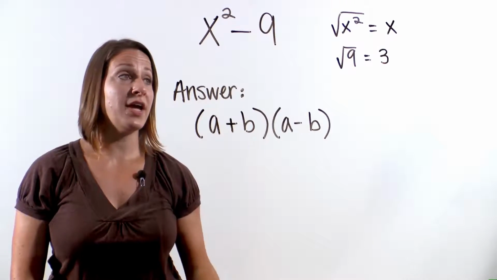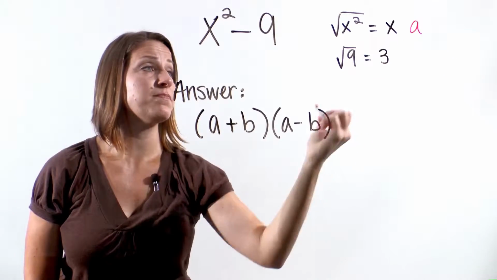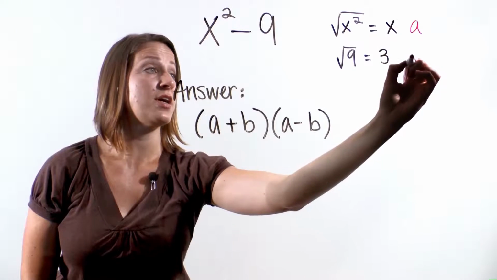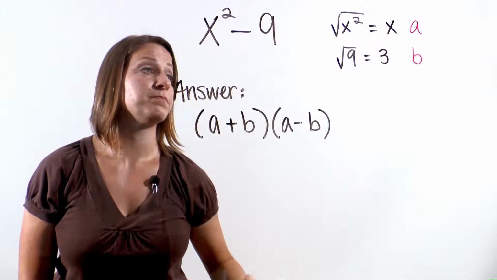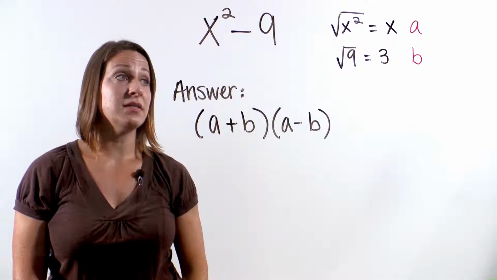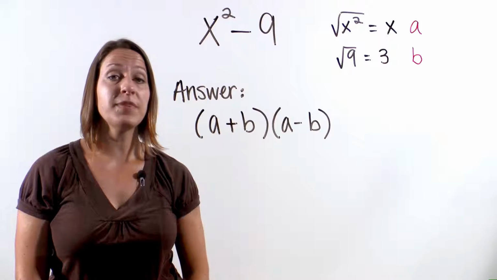We're going to call the letter a the square root of our first term, and the letter b is going to be the square root of our second term. So for this problem, the letter a equals x, the letter b equals 3.